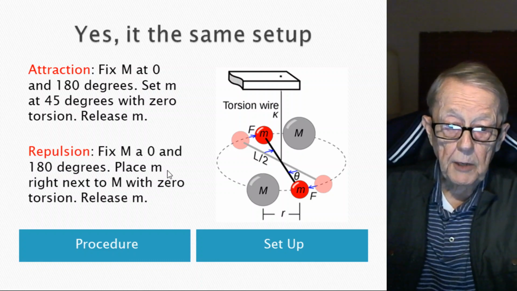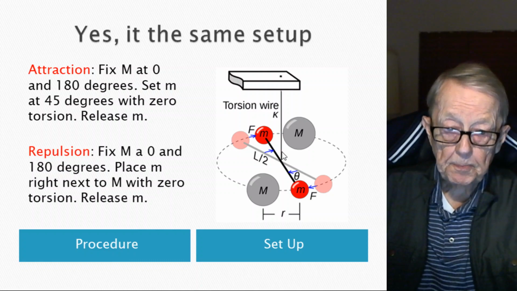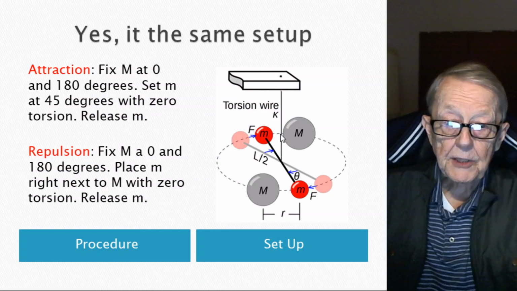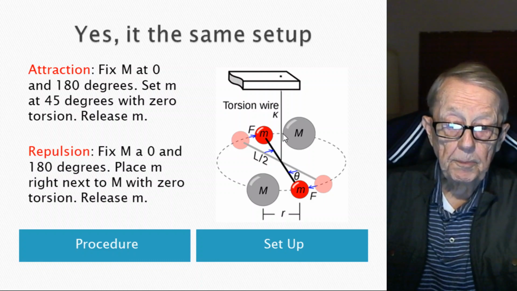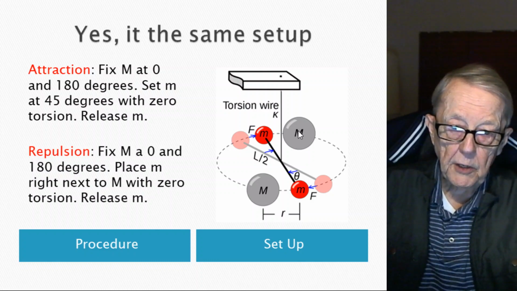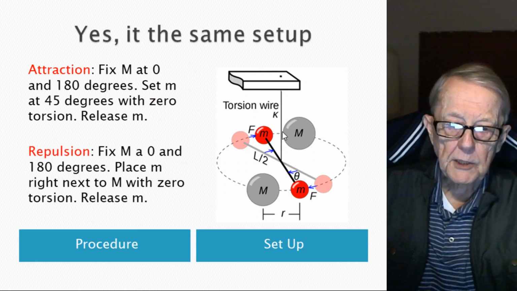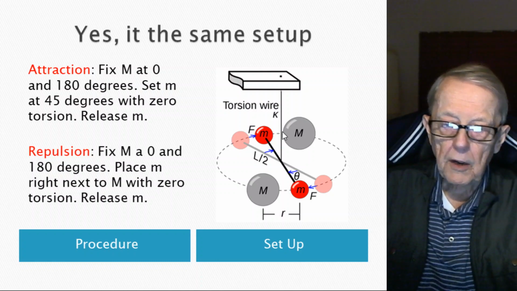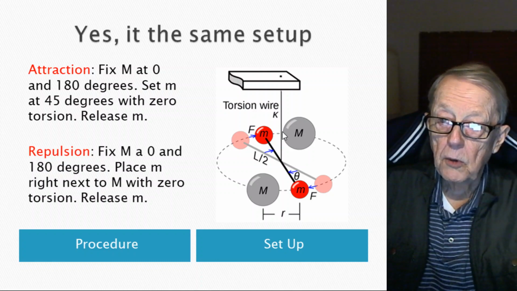Here you can do the repulsion as well. Again, make M fixed. Put the small ball next to the large one. Maybe not. Maybe temporarily you don't have these two balls there, because you want to set the torsion force to 0. You want it to be neutral.